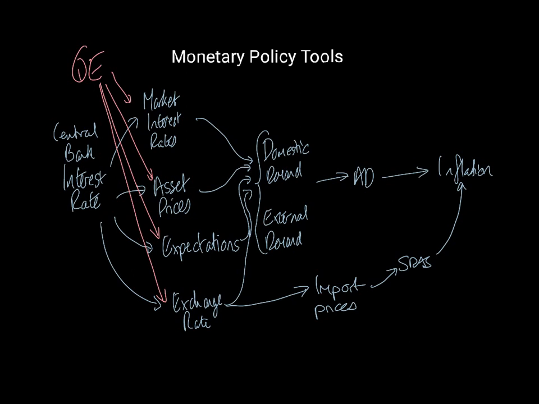Now, normally QE is used once interest rates have run out of scope. So once interest rates are so low that they can't really be lowered any further, then central banks would start looking at increasing the money supply through quantitative easing as an alternative way to end up with the same sort of outcome. So if they're trying to stimulate the economy, you lower your interest rates, but when your interest rates are very low, they run out of scope to do any more. So then QE can hopefully continue that same channel.